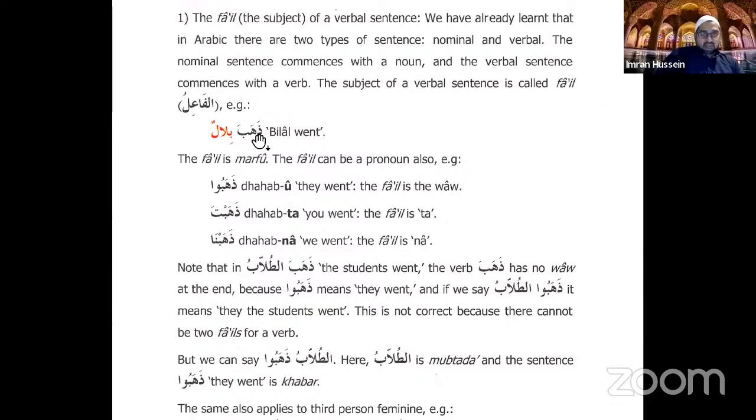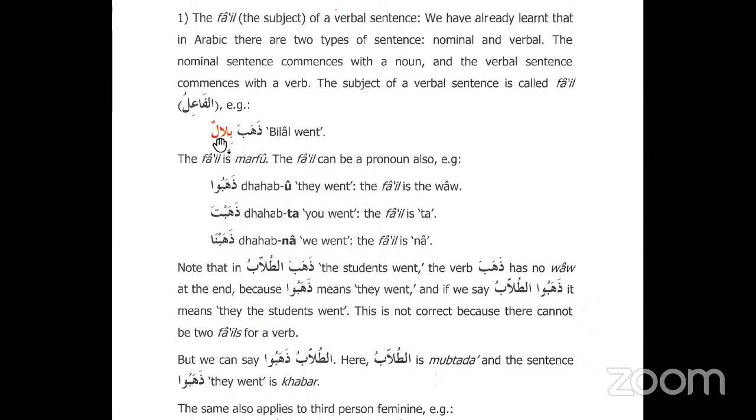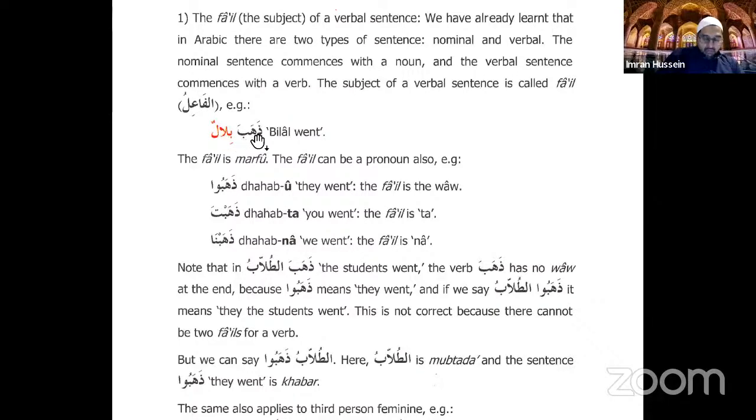What is dhahaba? Sister Zainab Sharif. Dhahaba is what? It is a verb. Correct. And Bilalun is a noun. Now, whenever a verb comes, it is called a verbal sentence.